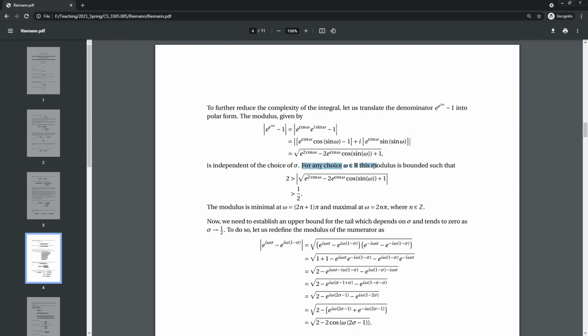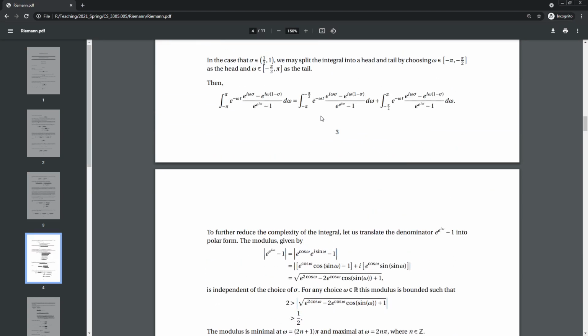Okay, so for any choice of omega, the modulus is bounded between 2 and 1/2, and I'll leave you to verify it. You can let it vary. The input domain is finite. It ranges from negative pi to positive pi.